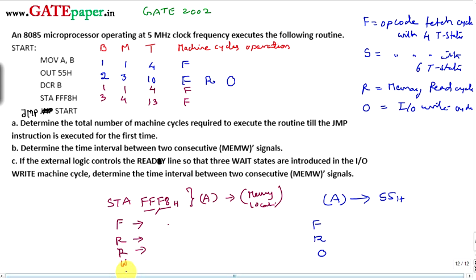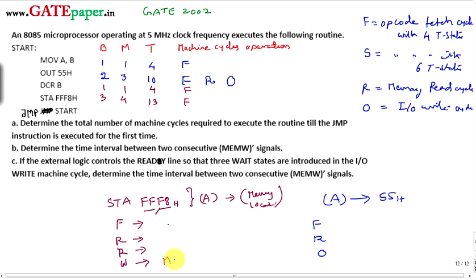Previously, with OUT FFH, the microprocessor was writing the contents of the accumulator into an output port. Now with the STA instruction, the microprocessor writes the contents from the accumulator to a memory location. That is also a write operation, but that was writing into an output port, and this is writing into a memory location. That's why it is called memory write operation.